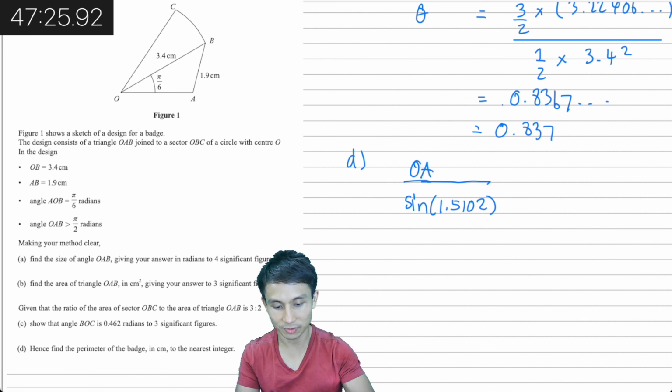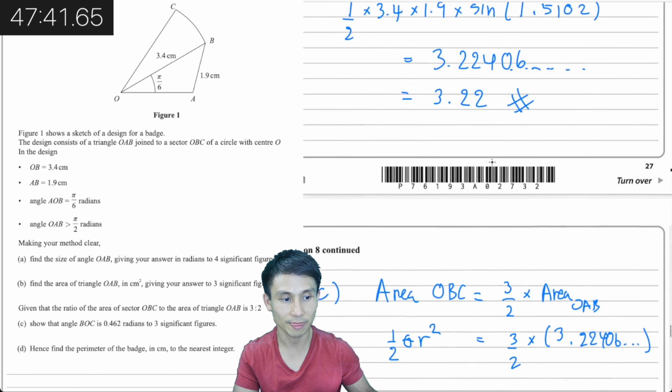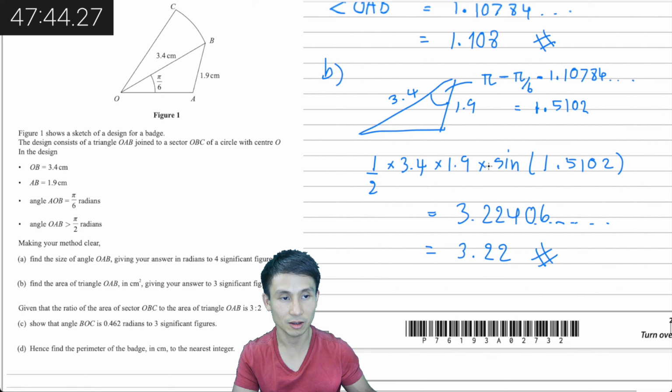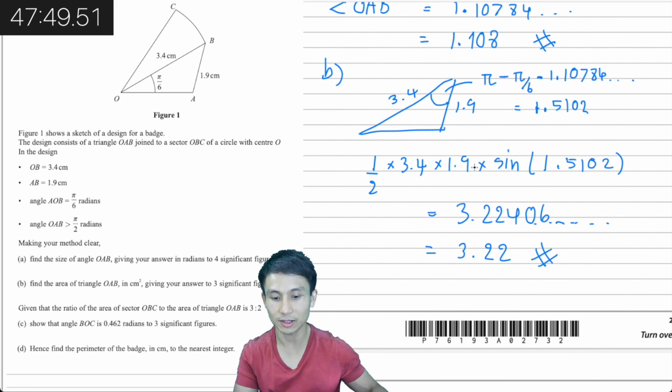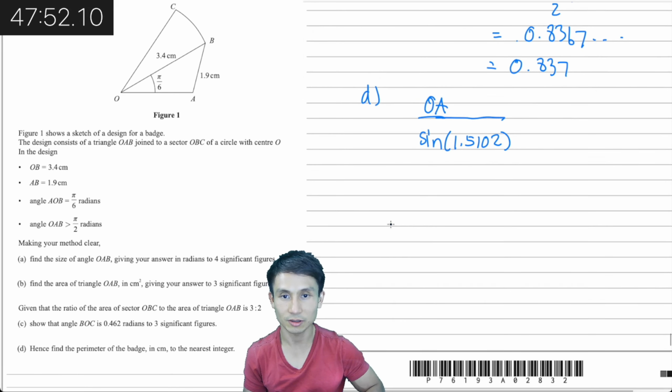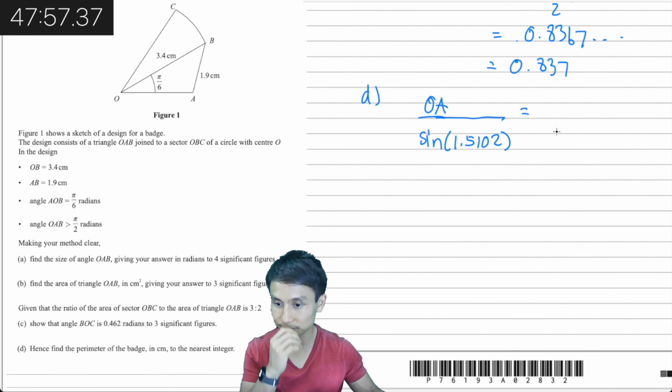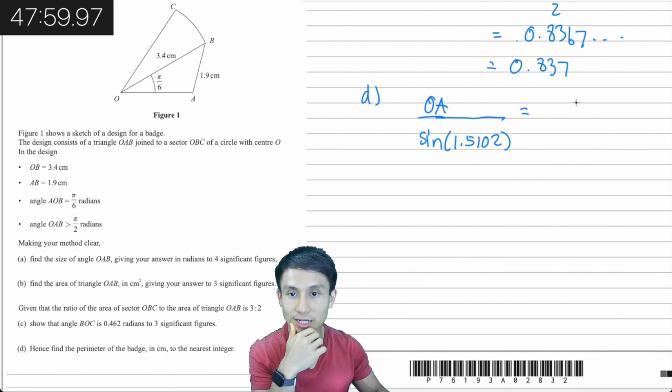But yeah, by the way, let's do that. So, what was it again? Pi over 6 plus 1.5102 plus the other angle is, what was it? Oh, yeah, 1.1078. Yeah, that's about pi. That's right. Okay. So OA over sine that equals, I think we're just gonna take 1.9 because it's more definite here.